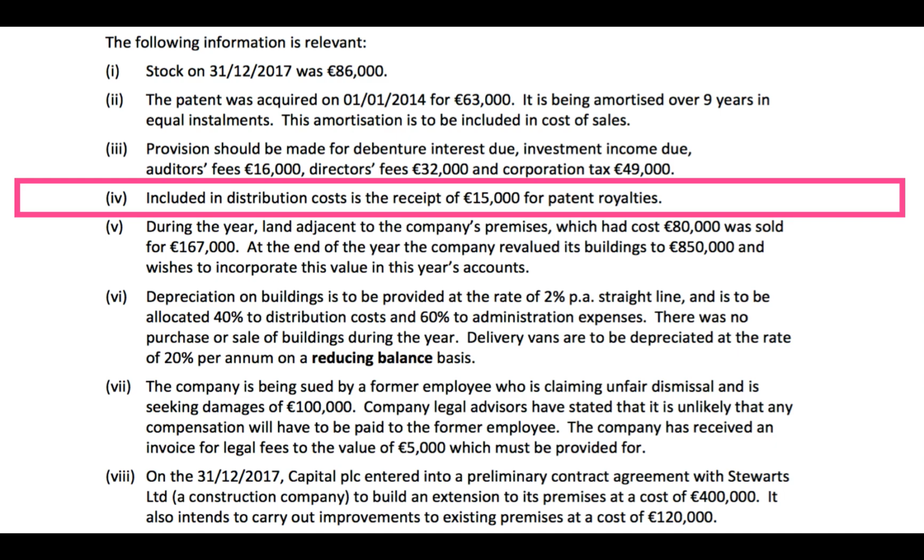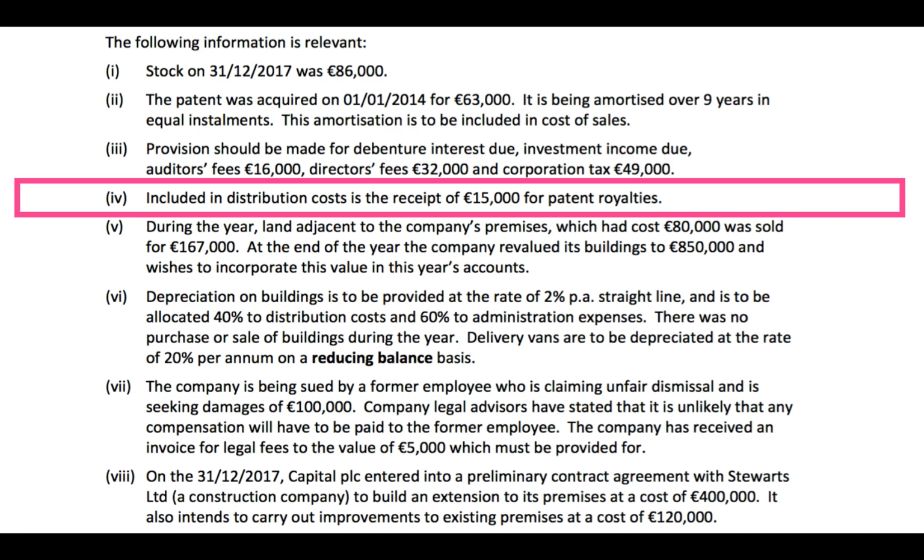All right, so you need to know your T-account diagram in order to do that, which has all of the double entry rules. So how do we get rid of this 15,000 patent royalties from distribution costs? Well, funnily enough, we have to add them. You might think we need to take them away, but because distribution costs are debited and patent royalties would have been credited, that would have reduced the amount of our distribution costs shown in the trial balance.